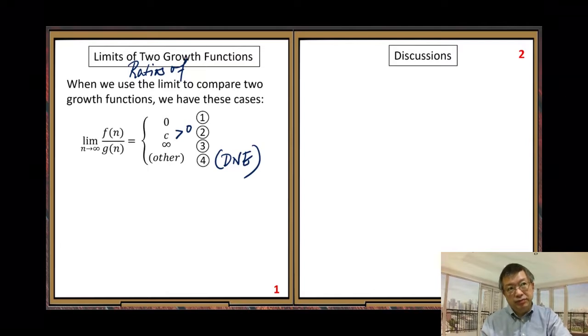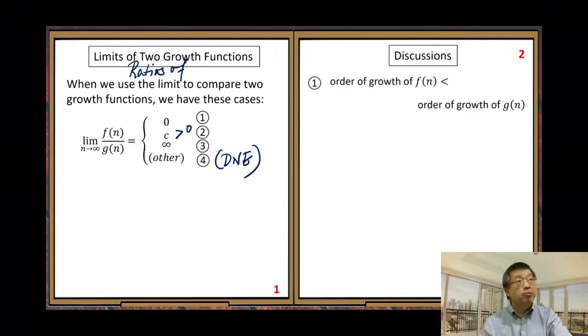It's also pretty common, this case. So all these 4 cases should cover all the possible situations we have in our algorithm analysis discussion.